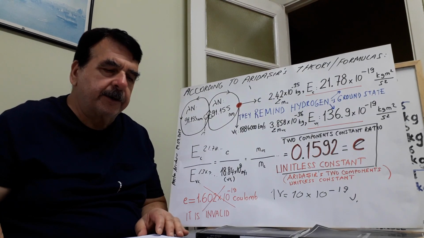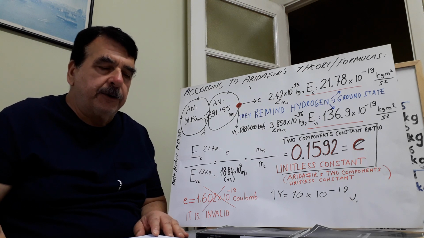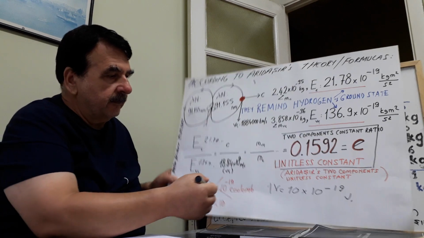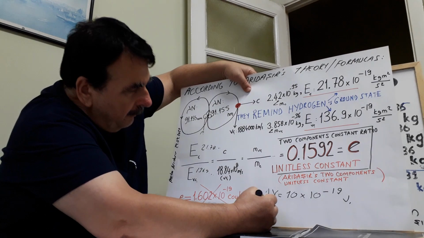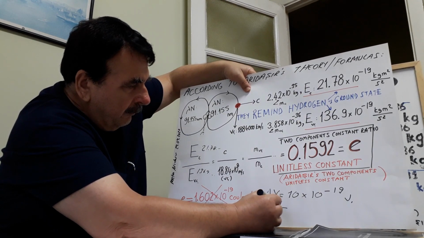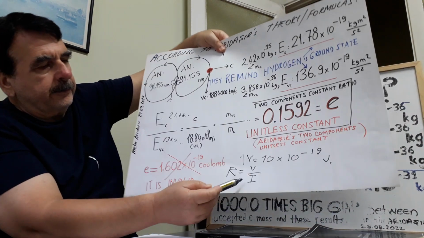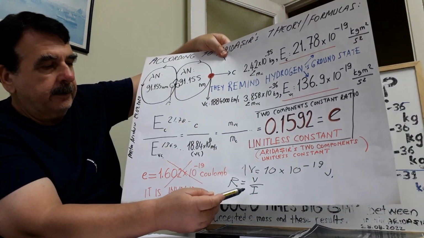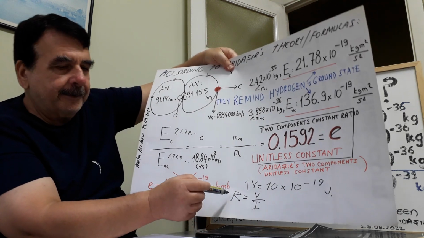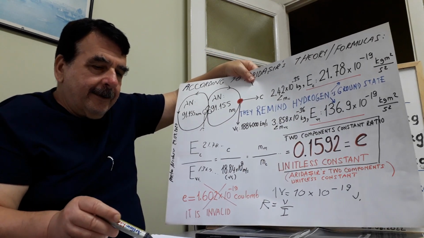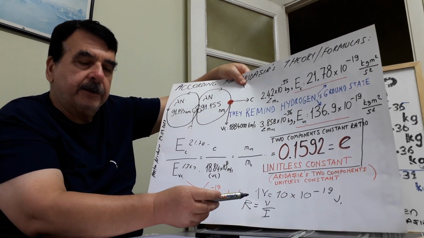Moreover, electric current is wrongly defined and it must be unitless, because it concerns the charge.